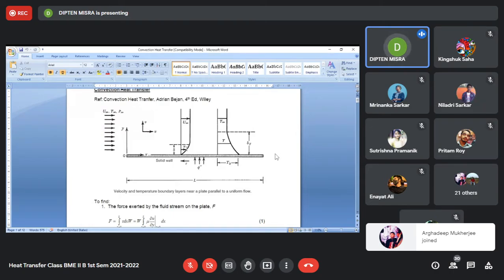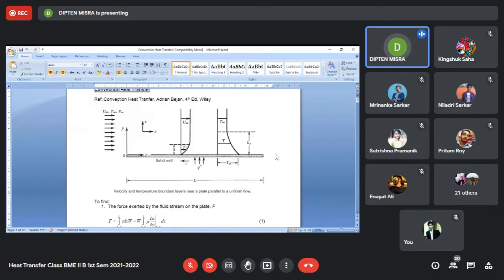In convection heat transfer, what is the question that we want to solve? Many times we do not know the question after the entire amount of study. What was the basic question in case of conduction heat transfer? To know the rate of heat transfer within a solid subject to different boundary conditions.